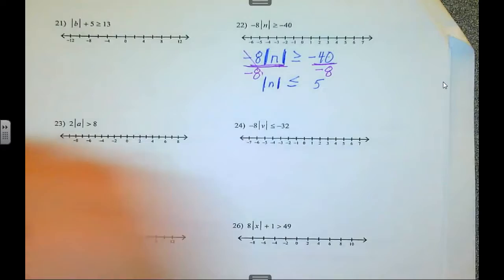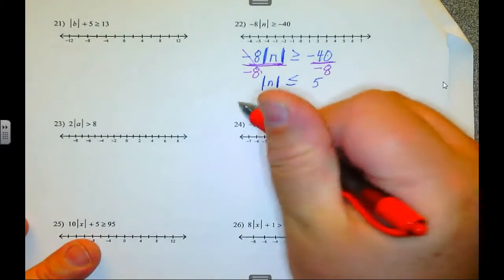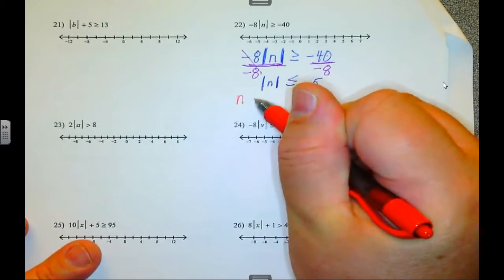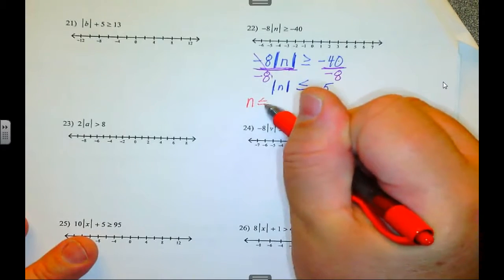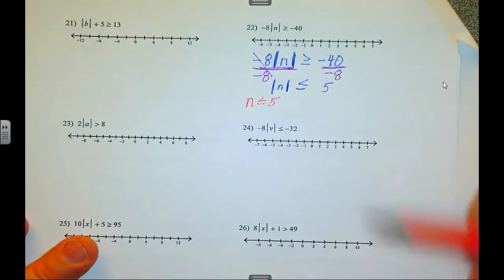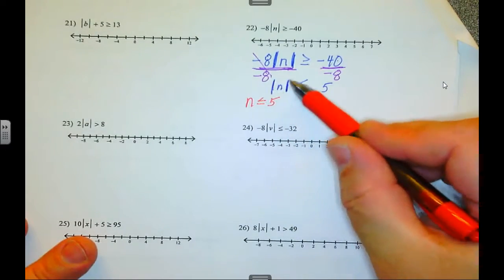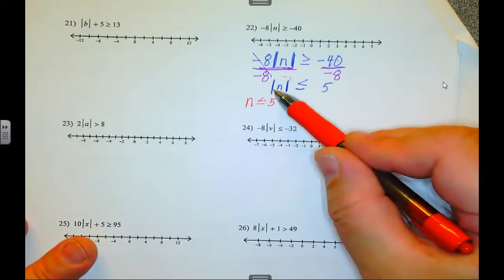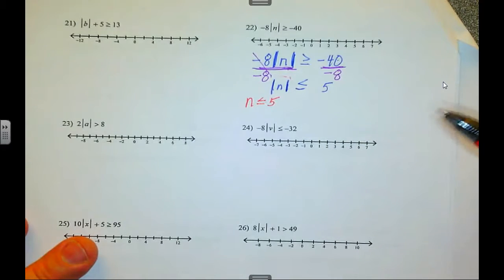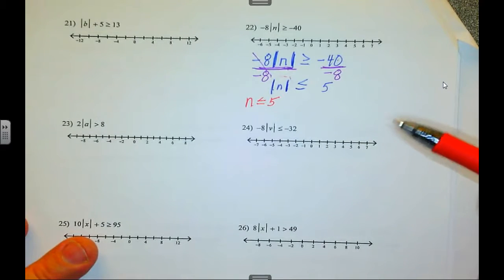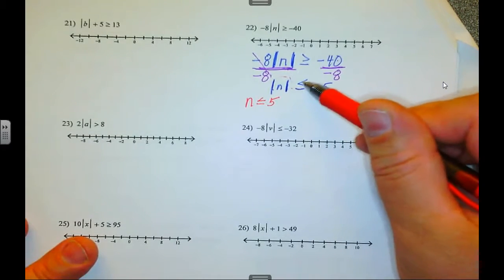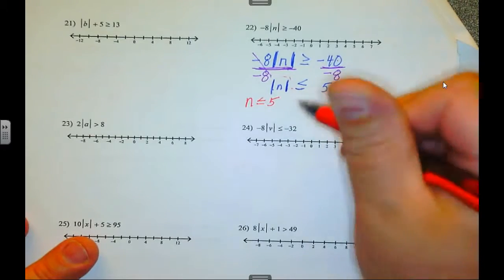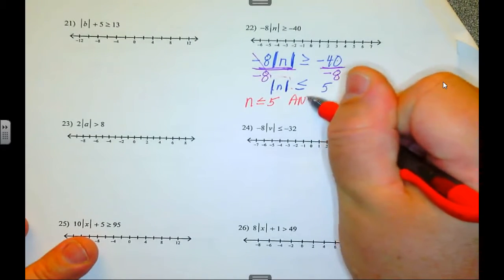Now, well, let's think about that for a minute. Our two cases, take what's inside, keep everything the same. Now, this is where I look to determine what the word is, because my absolute value is isolated. It's an and, because this statement says less than or equal to. So it's an and.